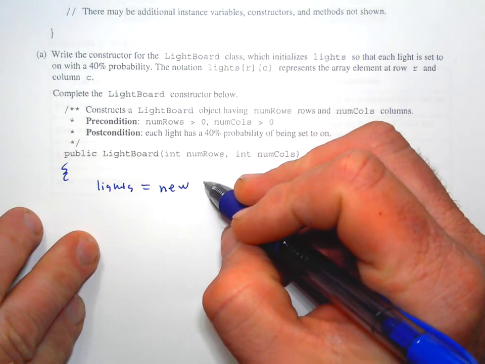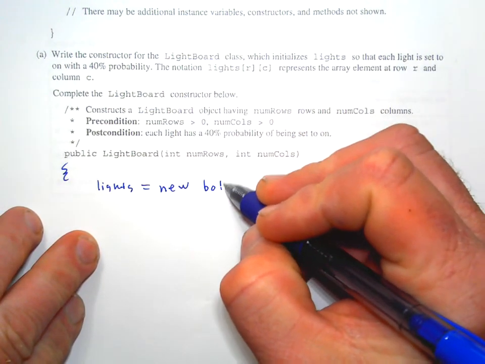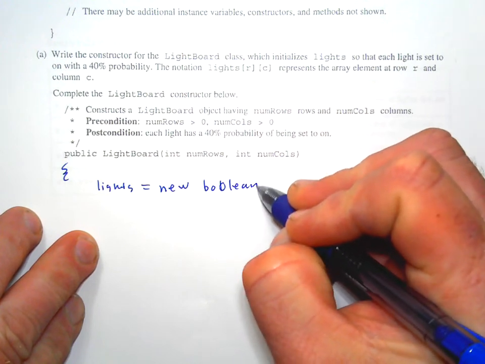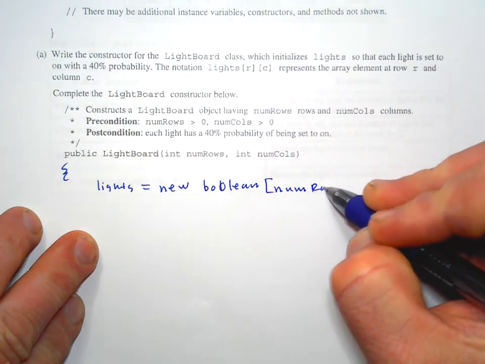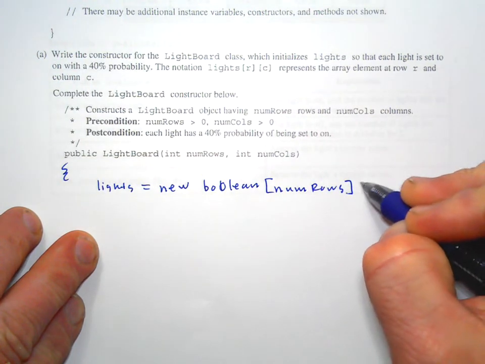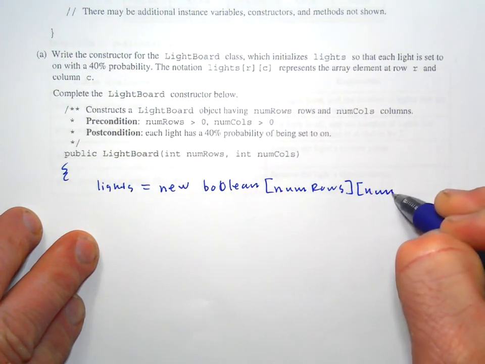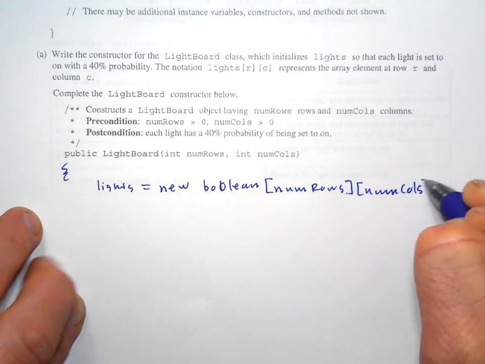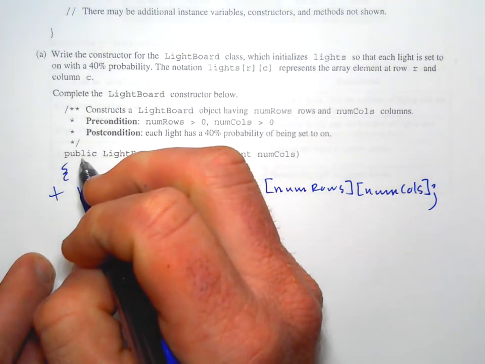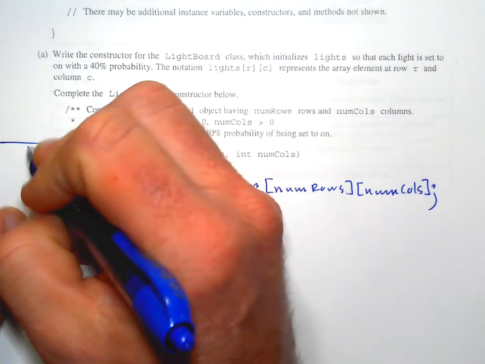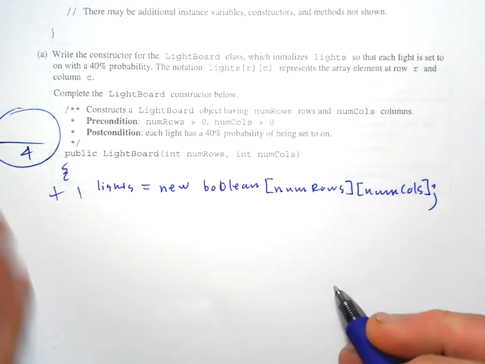You will lose points. It's a 2D array of Boolean values, and the number of rows is numRows, and the number of columns is numCols. And that's a point that you either gain or you don't gain. This is going to be out of 4 points, part A.